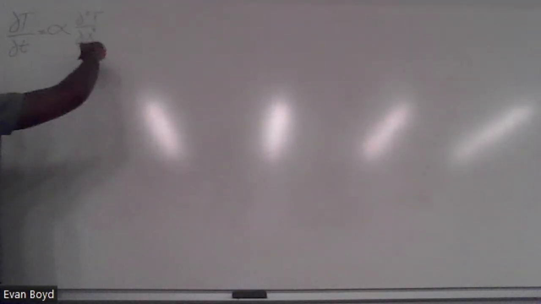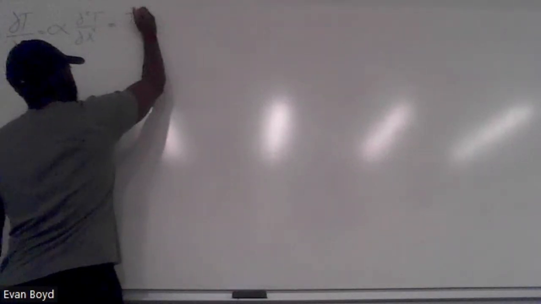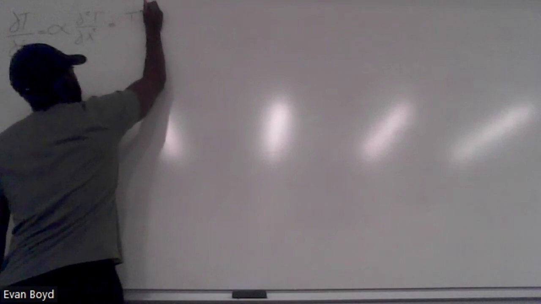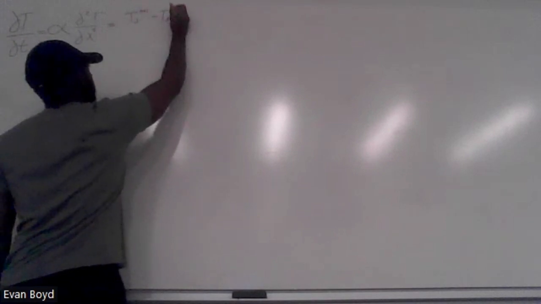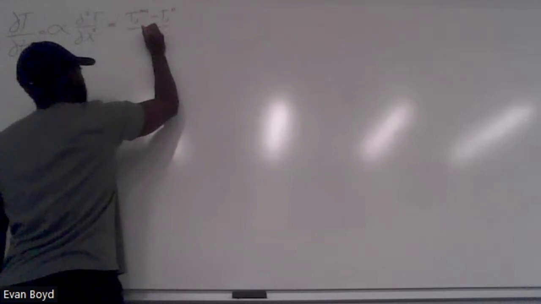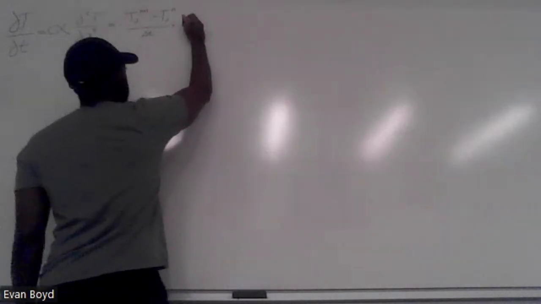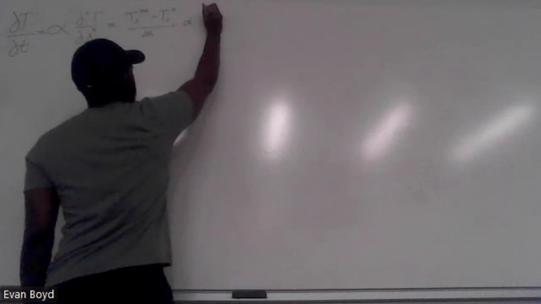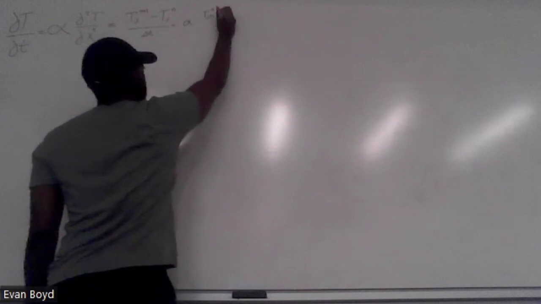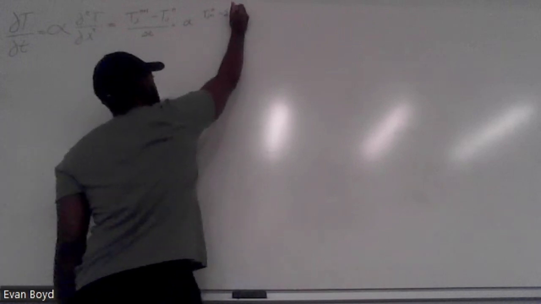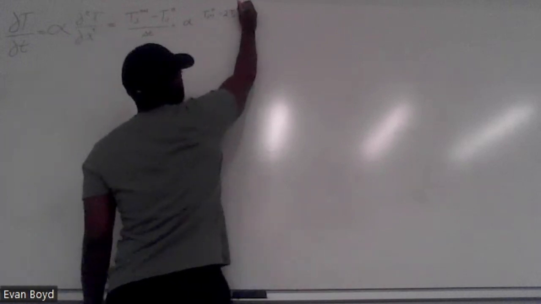So now, if we remember, when we went to our algebraic form, this went to the temperature at position J at time n plus 1 minus the temperature at position J at time n, divided by the difference in time, on the left-hand side, is equal to alpha times T at J plus 1 at time n, minus 2 times T at position J at time n, plus T at J minus 1 at time n.